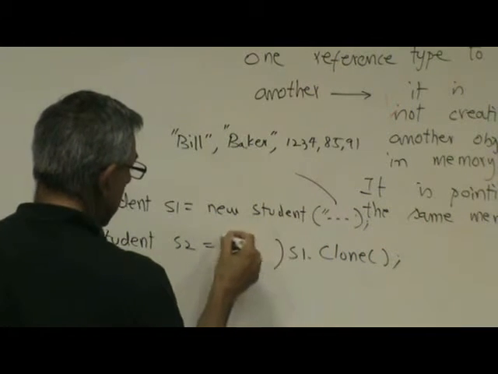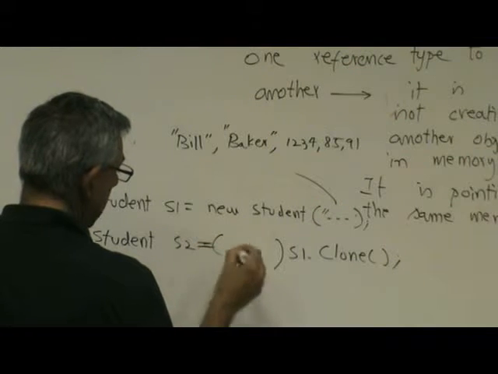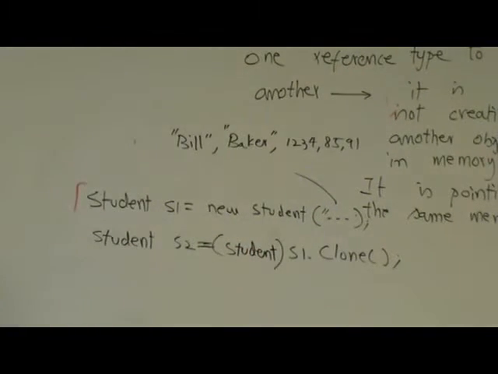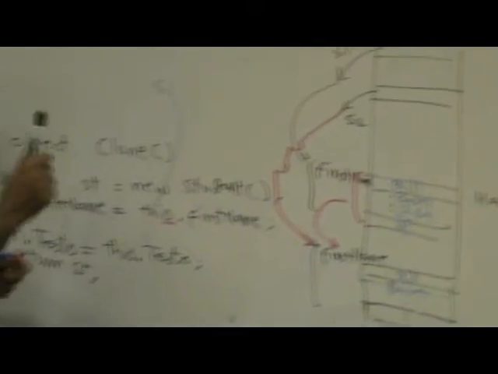Okay, and then we typecast it to a student, correct? So now will S1 and S2 have 2 separate memories or just one memory? 2 separate memories, because in the clone we create a new student object, right?